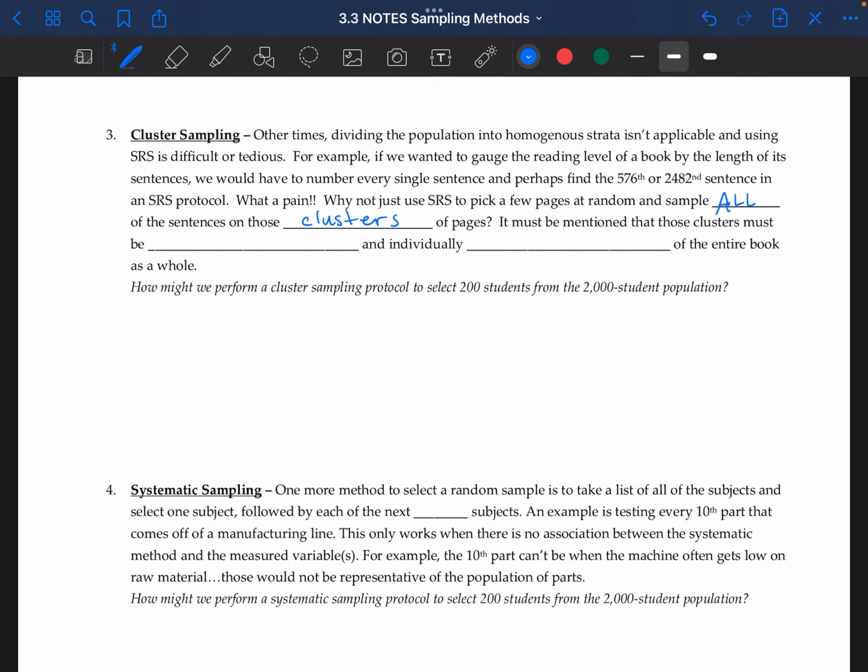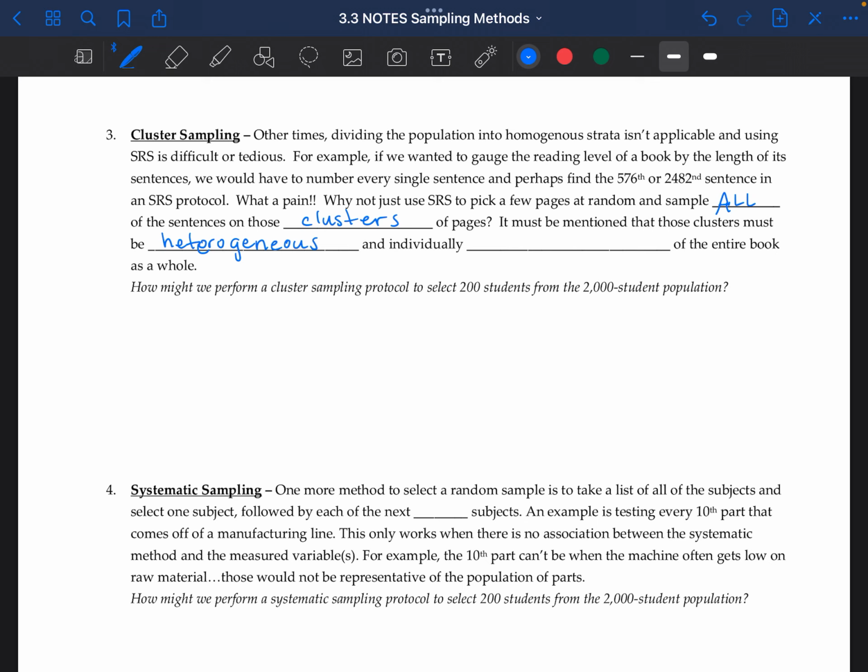What's really important is that these clusters must be what we're calling heterogeneous. I don't think that's how you pronounce that ever. But they have to be heterogeneous.